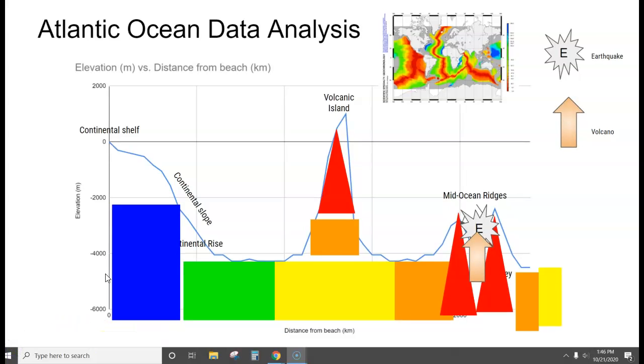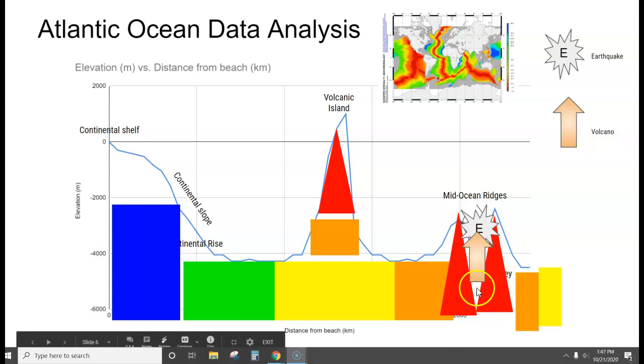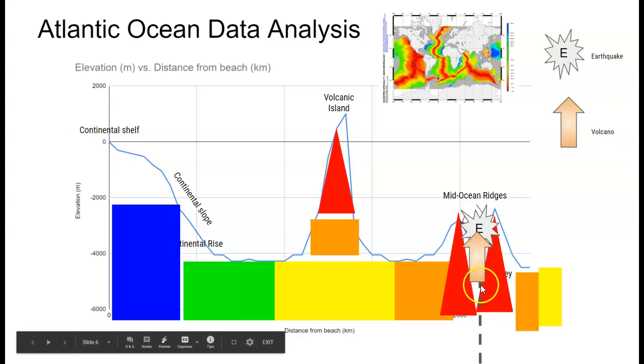Since we believe that this mid-ocean ridge is showing the boundary between two plates, I want you to draw an actual boundary line on your data map. And you will see I just added a dotted line in between the ridges in the rift valley.